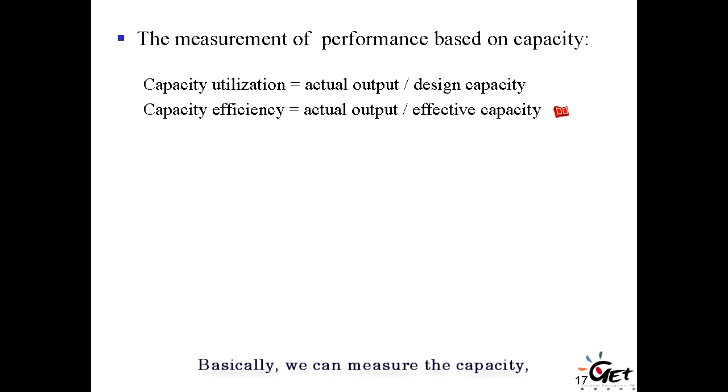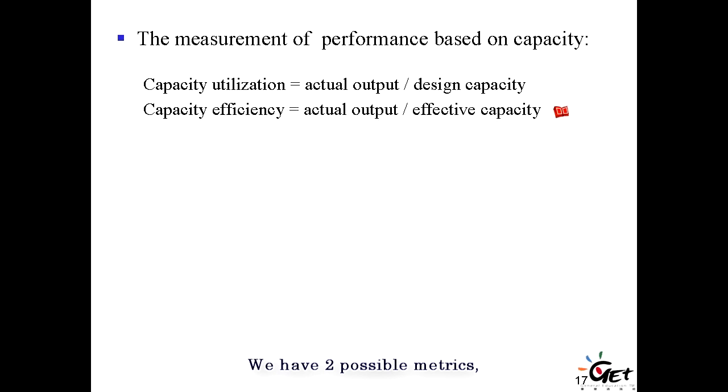Basically, we can measure the capacity in terms of inputs or in terms of outputs. I think most of the time people like to use the output of a warehouse or some other facilities as the measure of the capacity. So, for example, here we use output to measure the capacity. Then we can see how well we make use of our warehouse.